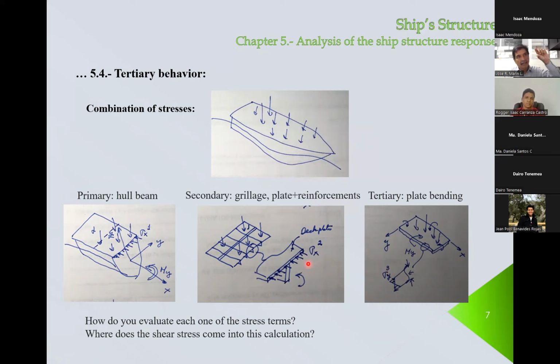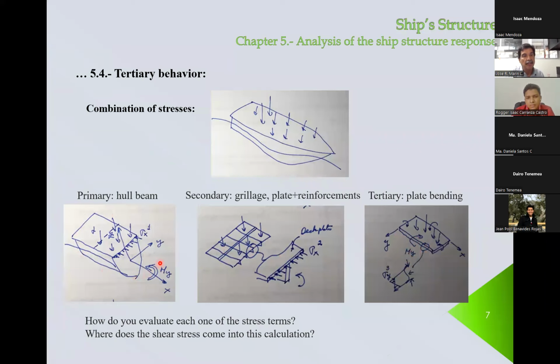Because in general, the height of the web is going to be very small. So in general, I don't expect that in this or that case. In this case, remember, chapter 4, we started saying that tau in the vertical direction is null. So we have only stresses in this direction, and these are in general very small.